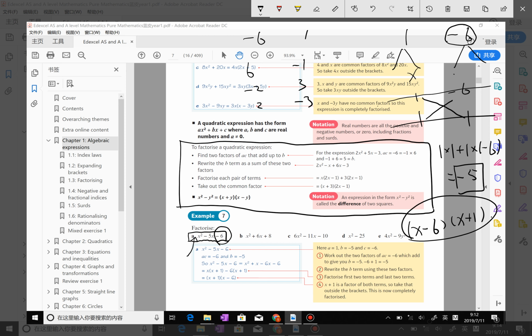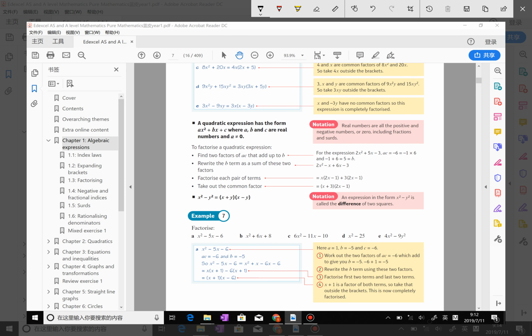All right, so let's do another example to see whether you have already understood. So we have x squared plus 6x plus 8. The coefficient before x squared is 1. The constant term is 8. 1 we can divide into 1 times 1, 8 we can divide into 1 and 8, or 2 and 4, or 4 and 2, and then we write them as a, b, c, d form.